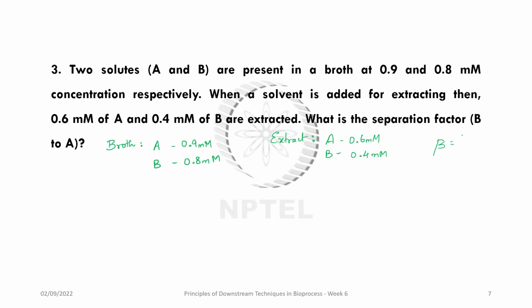So beta B by A is what they're asking you to find.